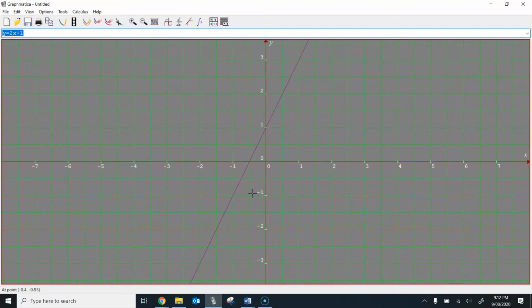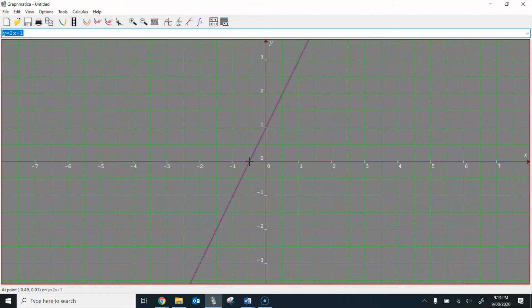We can just visually see off the graph that this coordinate is (-0.5, 0), and this coordinate here is where y equals 1, and the coordinate is (0, 1). I can see that visually. That's one way. The second way is to use your cursor. Grab your cursor, and when you get that little plus or cross symbol, move it over the axis intercept that you're interested in.